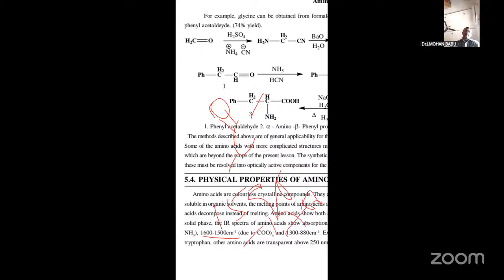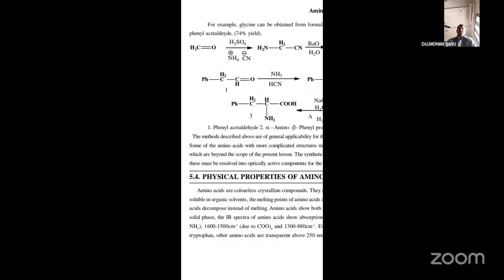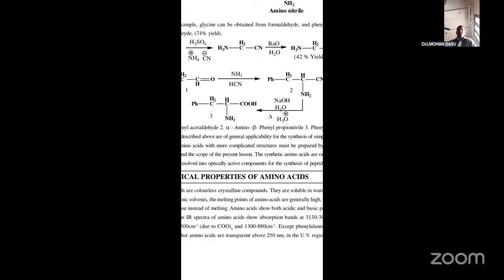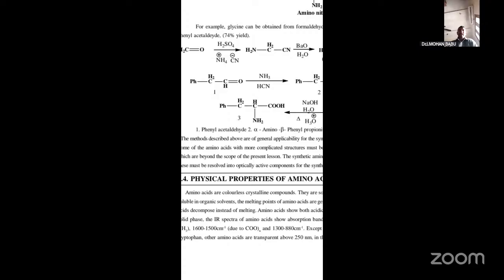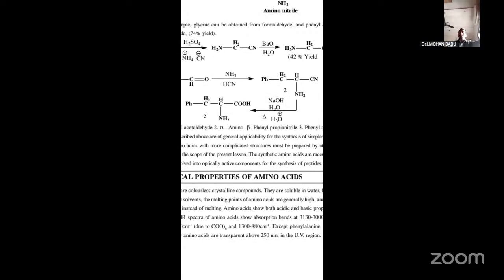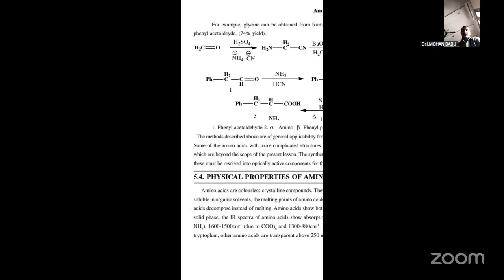Here, because it is having a COO minus group, it will appear in the range of 1500 to 1600. And in the UV spectra, the lambda maximum is obtained at 250 nanometer.